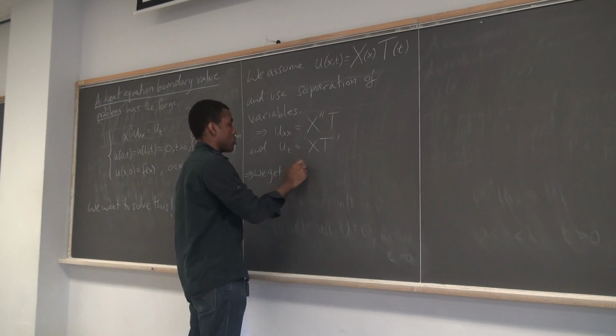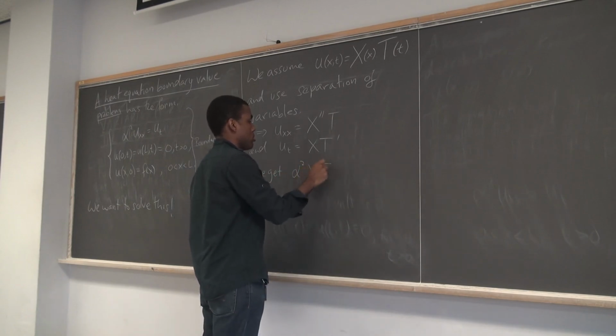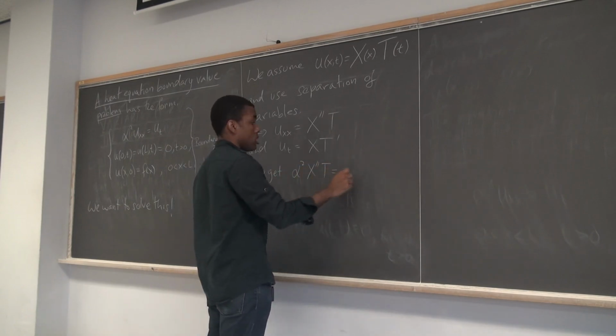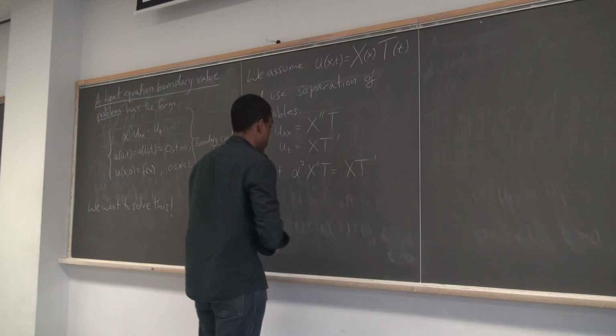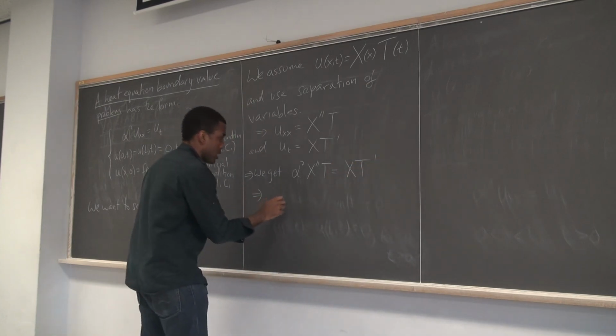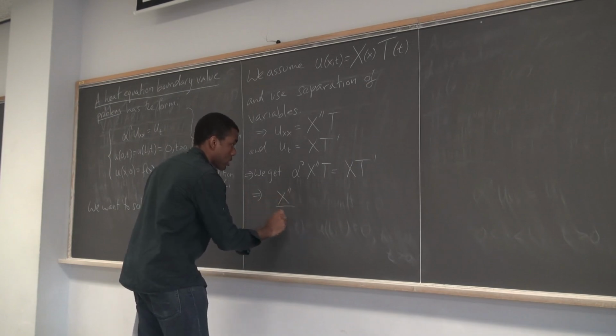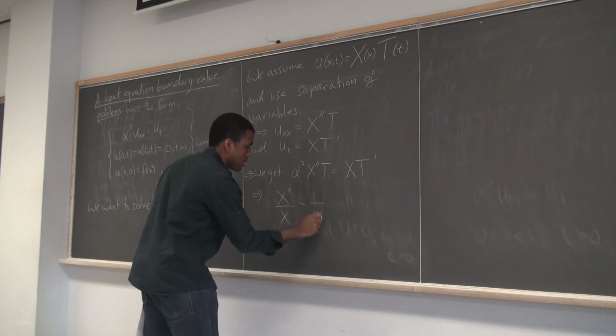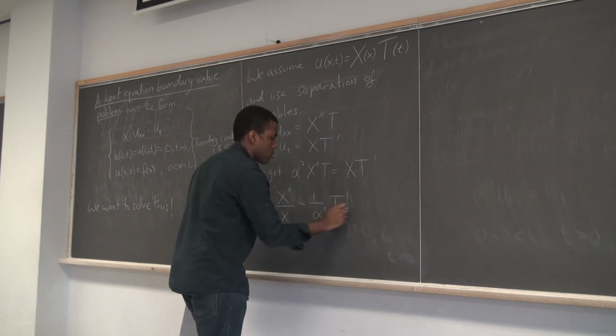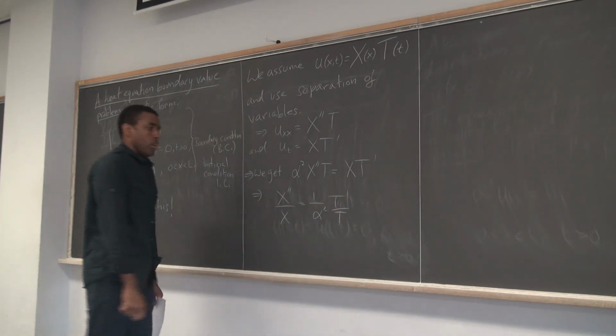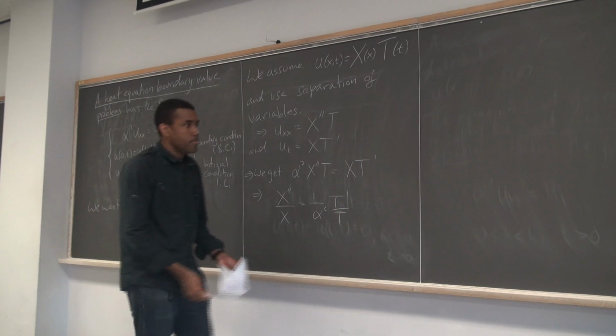So we have alpha squared times X double prime T equals u_t, which is X T prime. This means that I get X double prime over X is equal to 1 over alpha squared times T prime over T. Separate the variables.